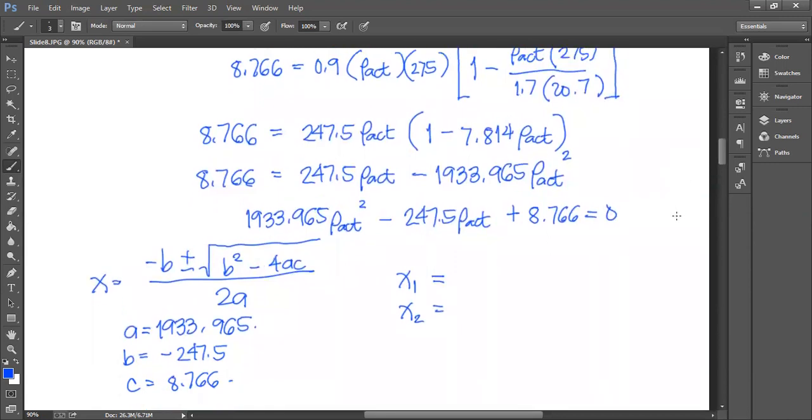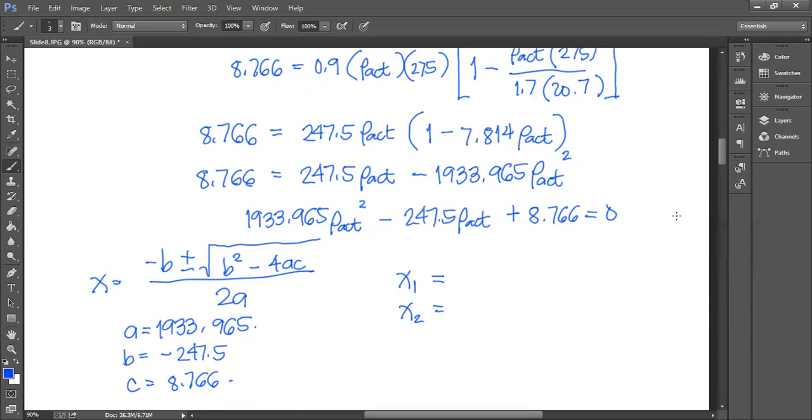Pero kasi hindi siya mag-error dapat eh. So, try natin ng quadratic formula. So, negative b, so meron tayong 247.5 plus or minus square root ng b squared. So, 247.5 squared minus 4ac. 4 multiplied by a na 1933.965, and yung c na 8.766, all over 2 multiplied by a na 1933.965.